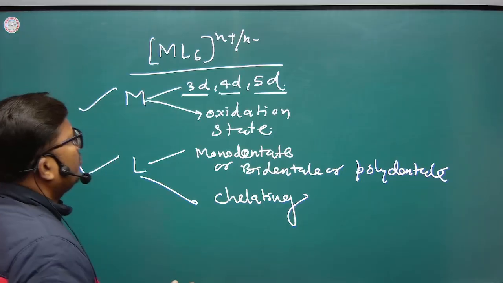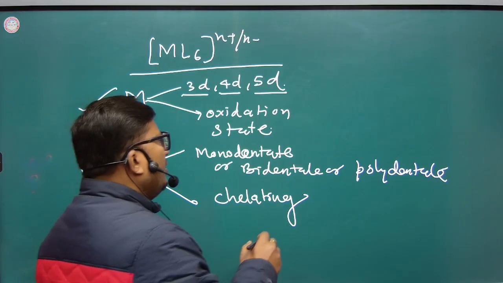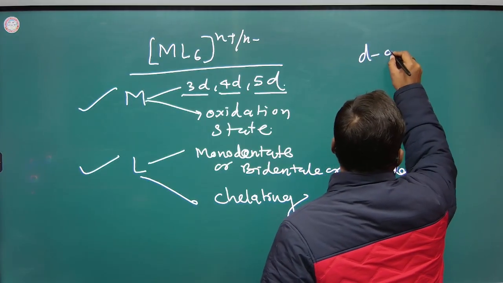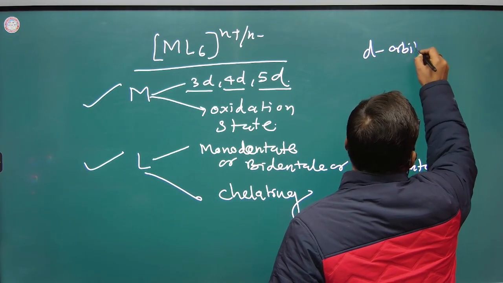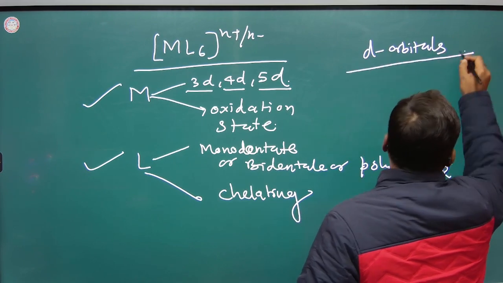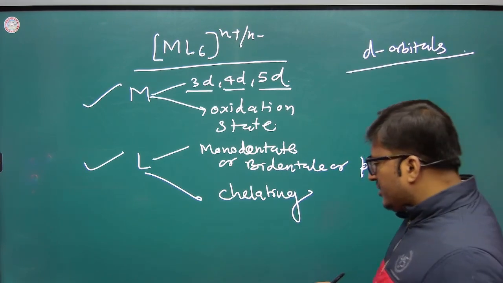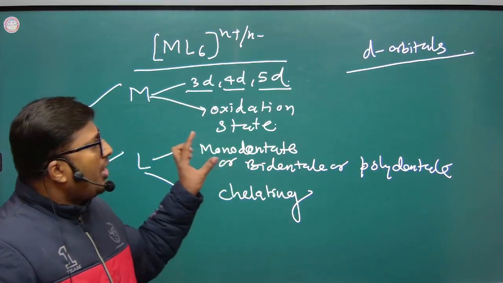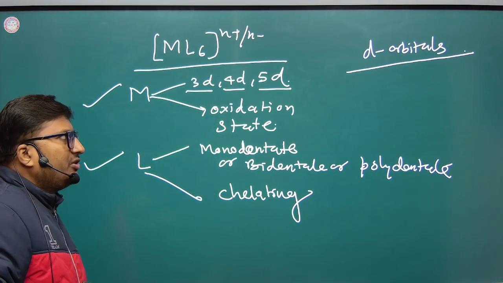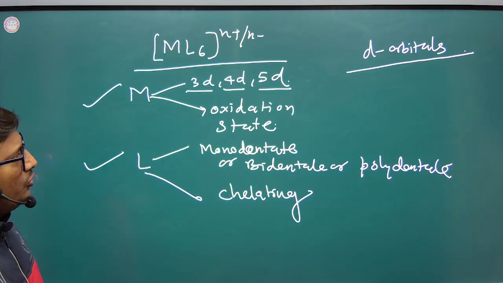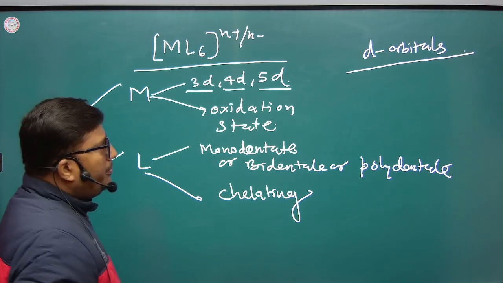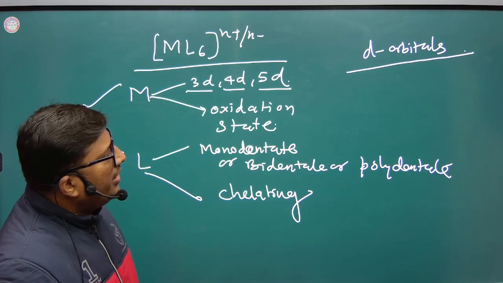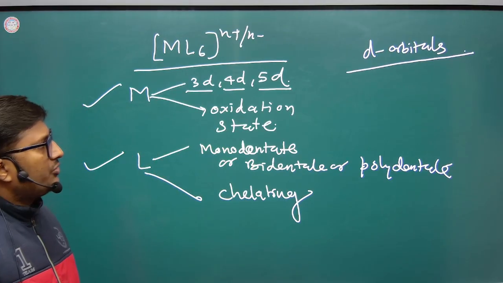So what happens here? In the 3d series, the d orbitals are suitable and proper for the formation of the coordinate covalent bond. Because of proper symmetry, energy and compatibility with the ligands, these d orbitals are suitable.